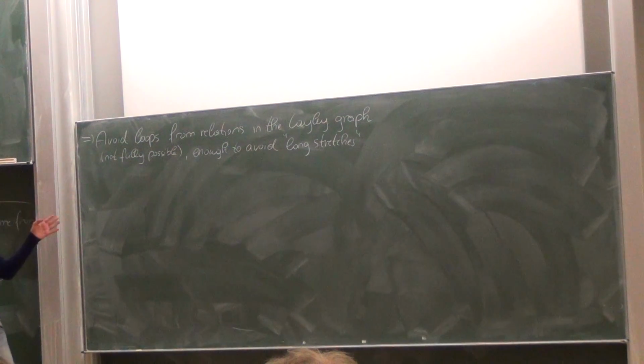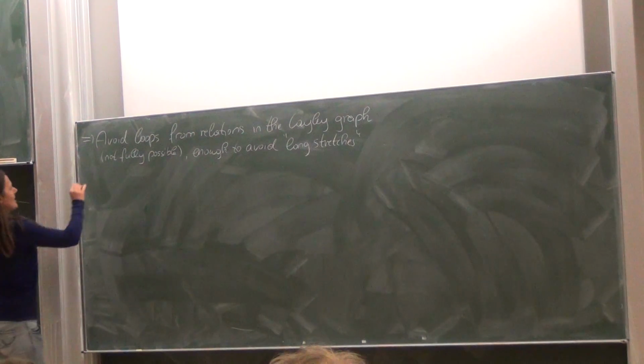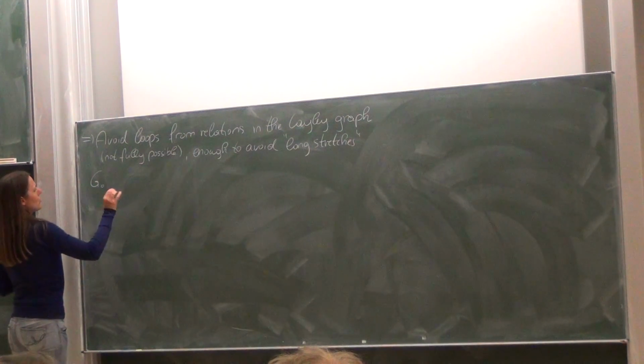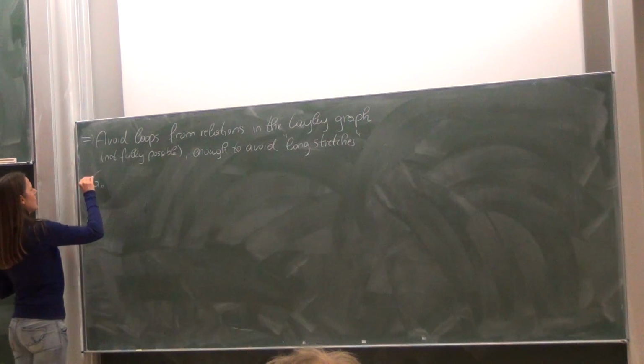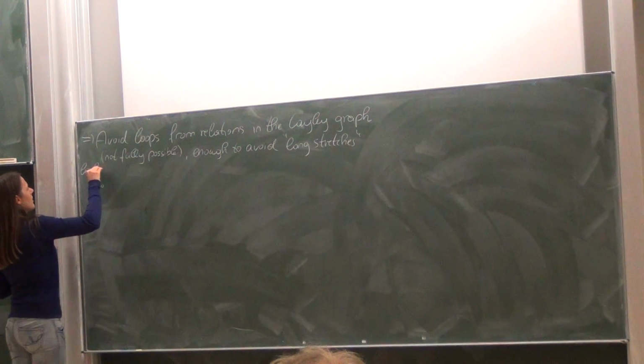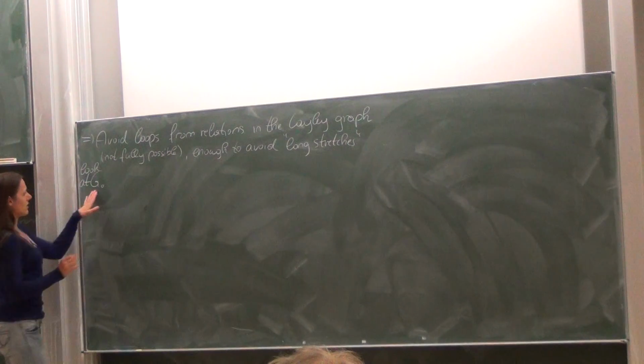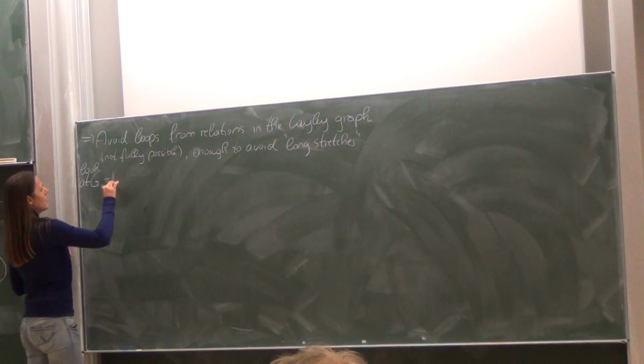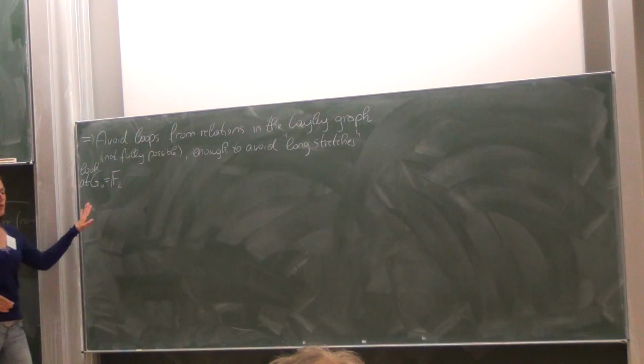And there are 3 nice steps that you can take to do that. So I've broken it down and reshaped it into, first we look at G0, which in our case is just a free group on 2 generators.